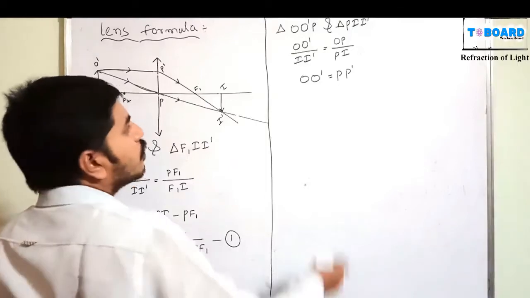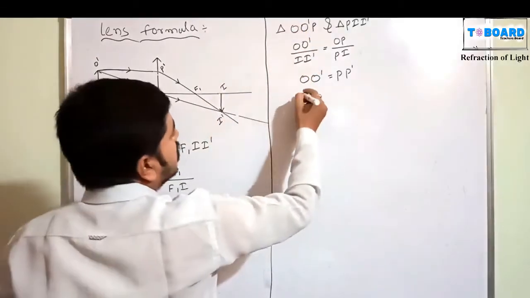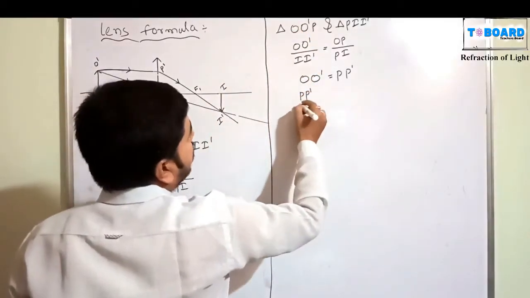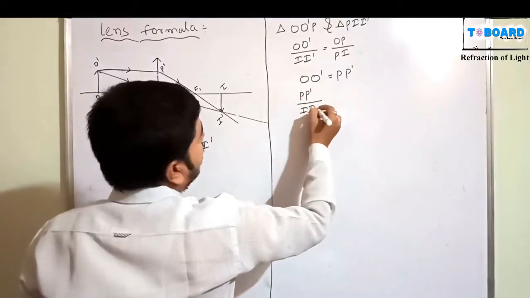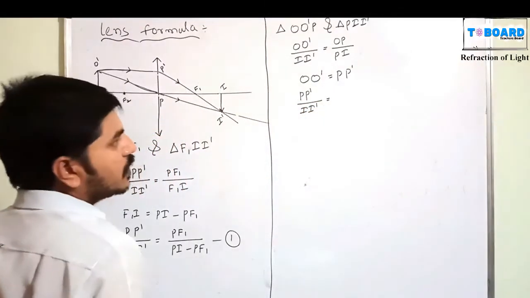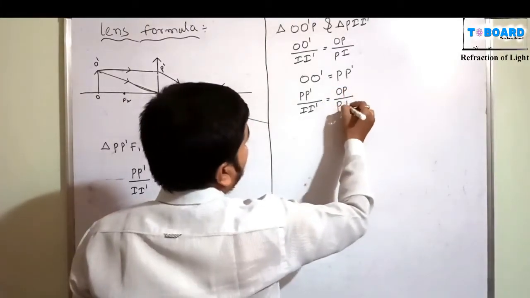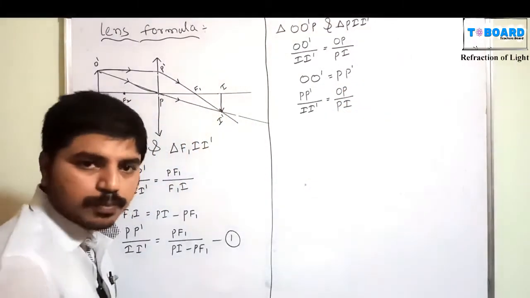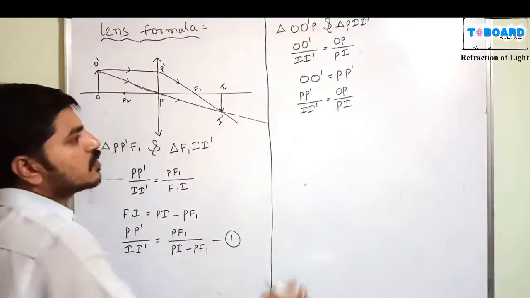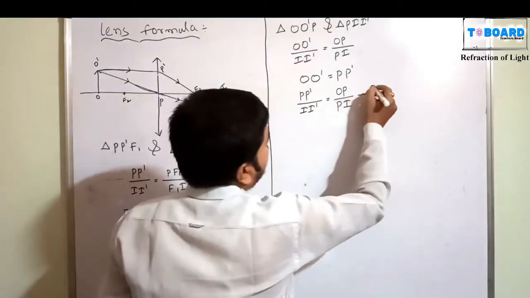So substituting instead of O dash, PP dash divided by I dash is equal to OP by PI. This is the second equation I need to write.